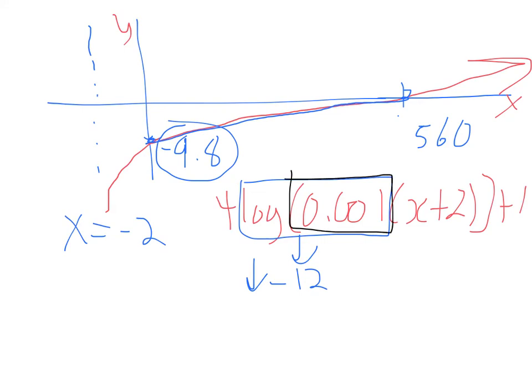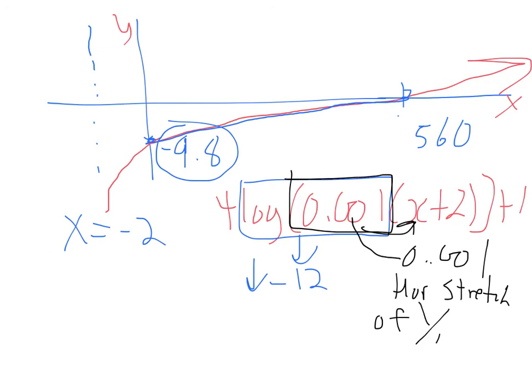If you look, 0.001 is a coefficient for x. It multiplies into x. We would know that 0.001 represents a horizontal stretch of 1 over 0.001, which is 1,000. So it's stretched horizontally by 1,000, which is why it's way out here.